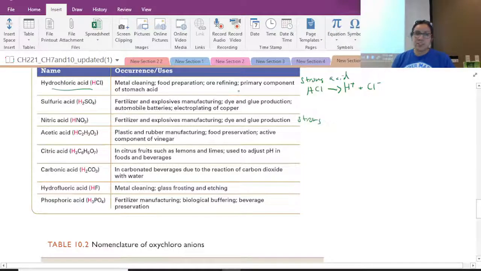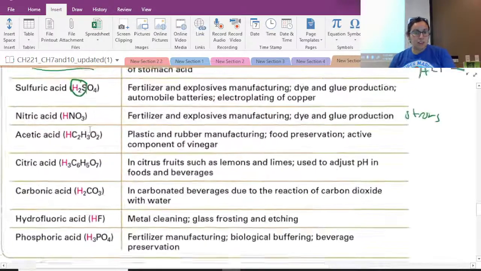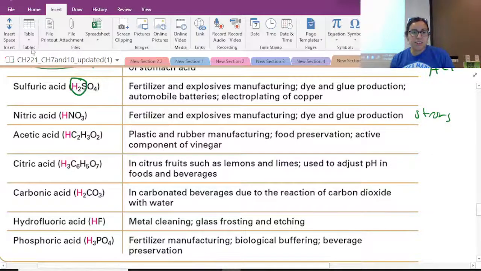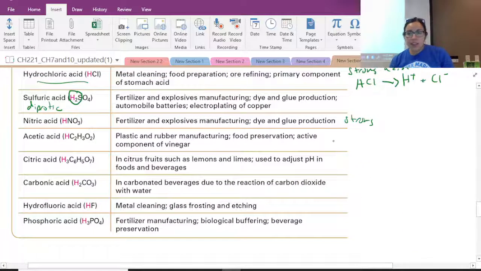Sulfuric, the first dissociation would be strong, and then there would be some sort of dissociation constant for the second, since this is called a diprotic acid, since it has 2 protons. And then acetic acid, so that's weak. Citric acid, that's probably weak because it's an organic acid, so I'm just kind of judging.